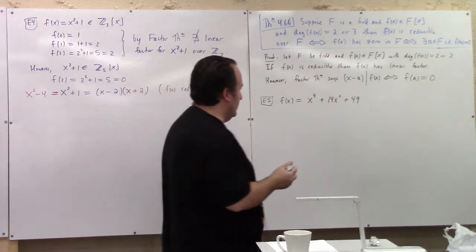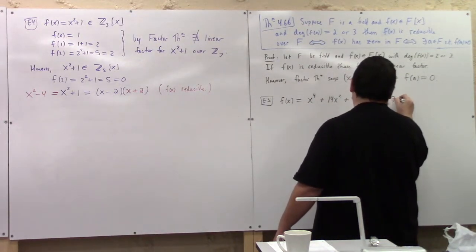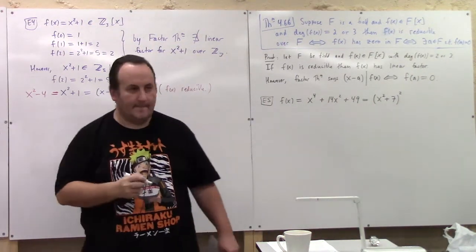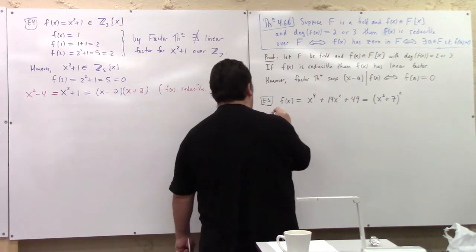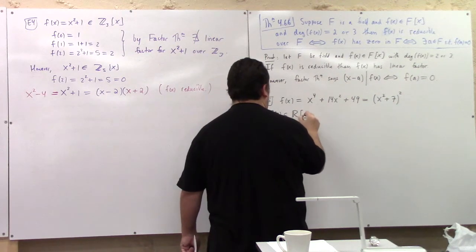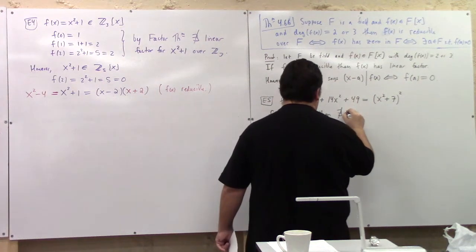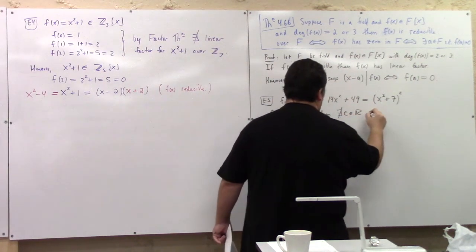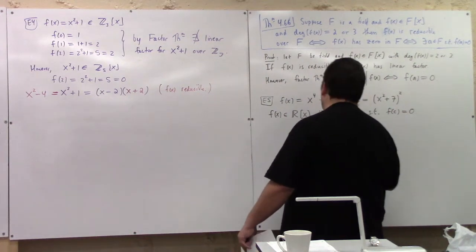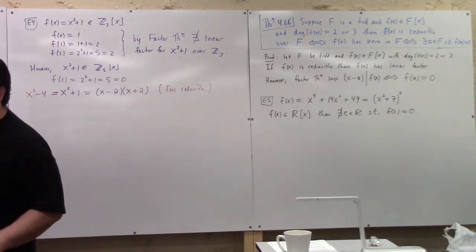So this is exactly x squared plus 7 quantity squared. So if we think of f of x as an element of polynomials over R, then there does not exist c in the reals such that f of c is equal to 0, right? This polynomial has no real 0.